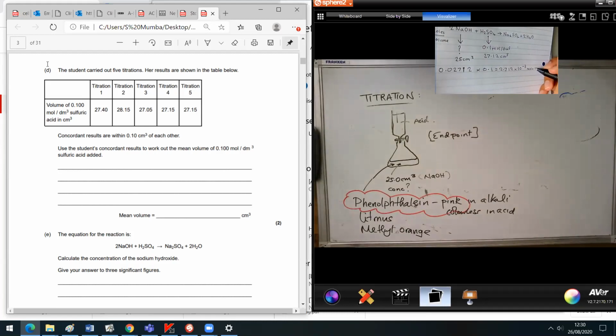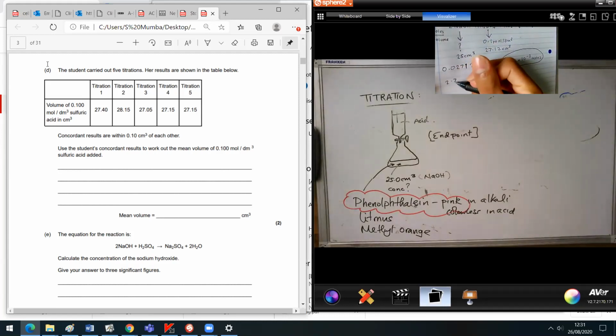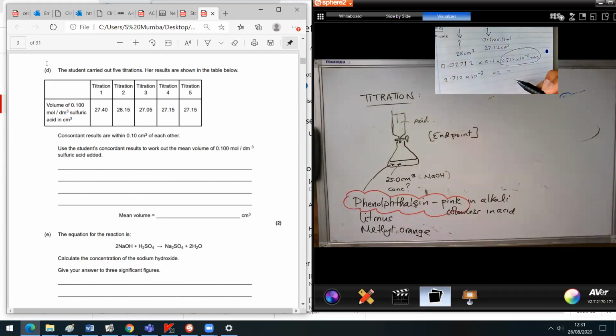Good. Okay, so you know the moles, and it's a ratio of 2 to 1. So you times this by 2. Good man. And you get 5.424 times 10 to the minus 3.